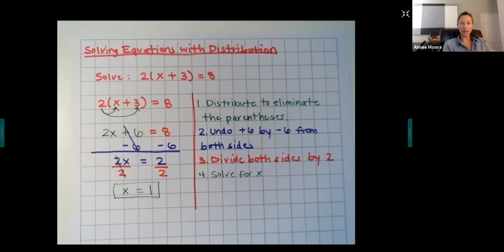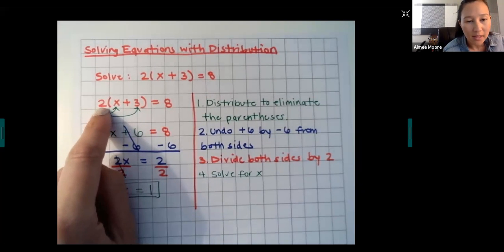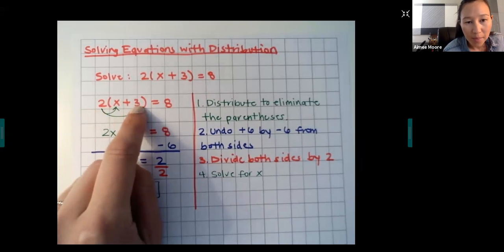Any questions on the steps for solving equations with distribution? Yes, I do. When you did the first part, how did you get the positive 6? So I multiplied the positive 2 out here by the positive 3 right here.